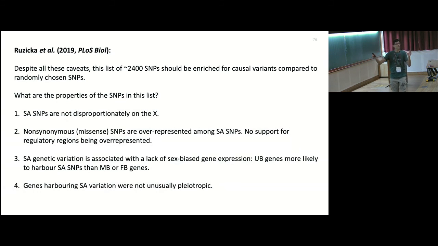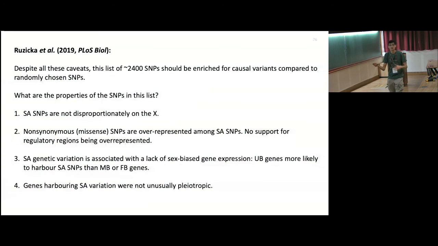But again, remember, you have to be extra wary of this kind of result. This is a negative result, and we're already concerned. We don't know how much of their list really contains true variants and how much of it is just garbage. So maybe the reason you're not finding them disproportionately on the X is because their list has a lot of garbage.